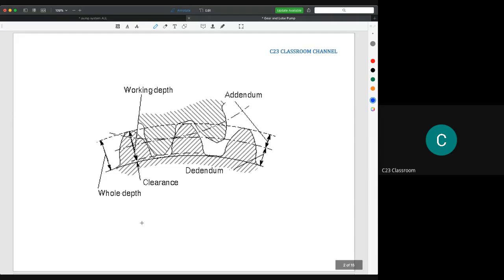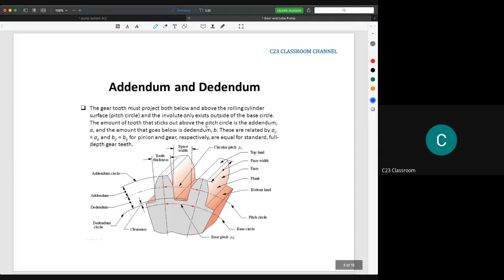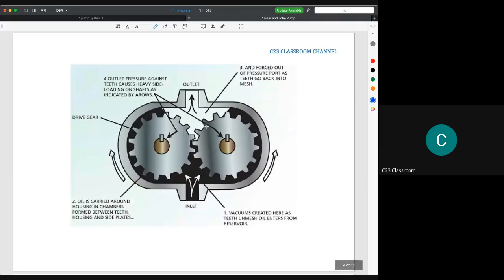This is the whole depth, for example. We have the addendum at the top here, and at the bottom here is the dedendum. Here is the addendum for this gear, and this is the dedendum for the top gear. You can read this from the notes that I uploaded on my website.